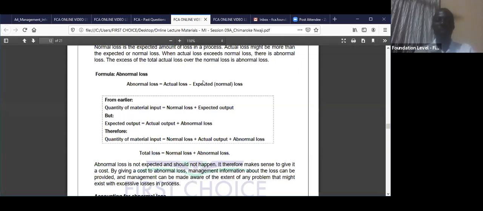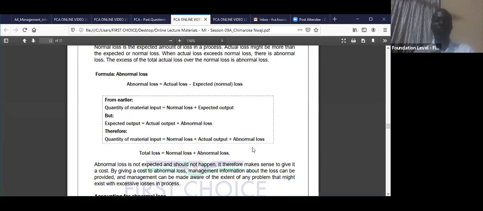So therefore, quantity of material inputs will be normal loss plus actual outputs plus abnormal loss.